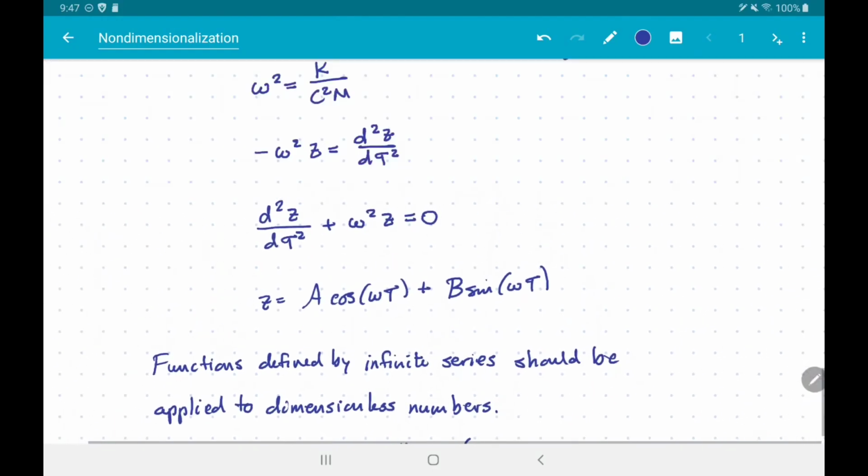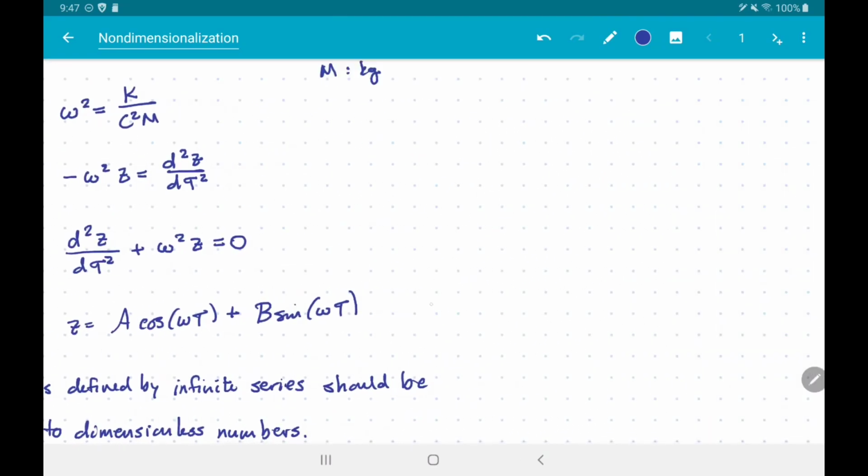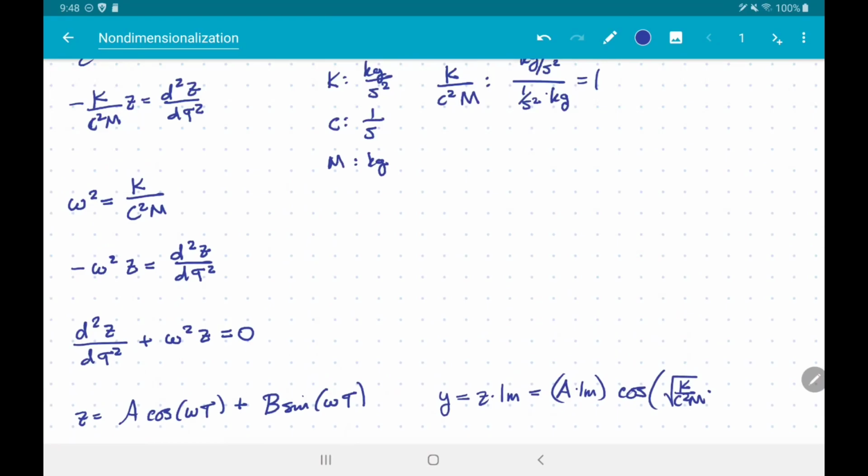So for example, up here, if you really wanted to go back and write this for y, you would have y is equal to z times 1 meter. So that would be a times 1 meter times cosine. And now omega is the square root of that. So we would need square root of k over c squared m times, and then tau is, what is tau?